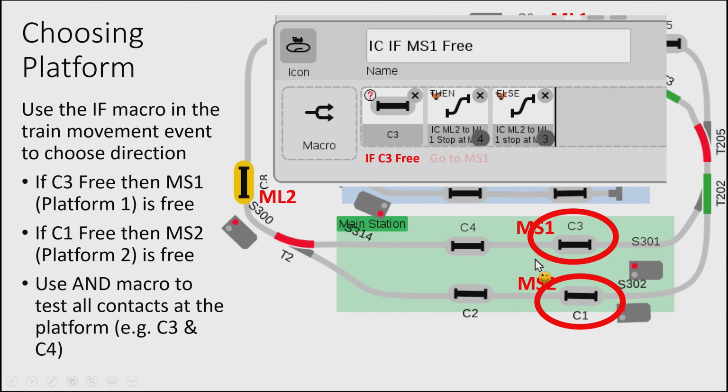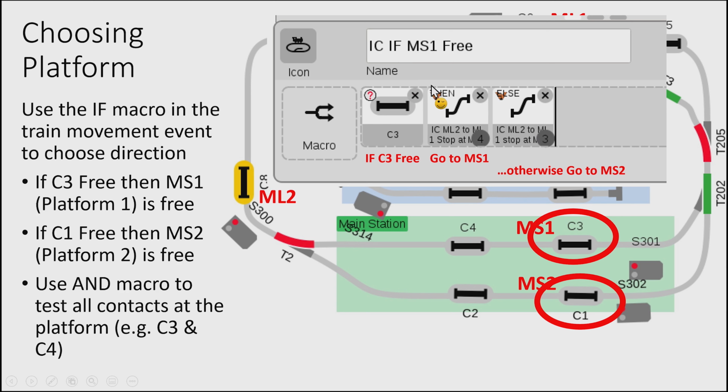So how does this look in the event? Well, basically what we do is we make an if macro. And you can see here it's an if macro for the train movement, right? So IC is my IC train. So my IC train is basically reacting to if MS1 is free, so that's platform 1 is free, then we'll do something. How will this actually work? Well, the first part of an if statement is checking the condition.